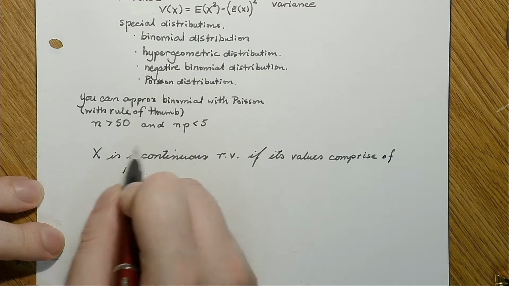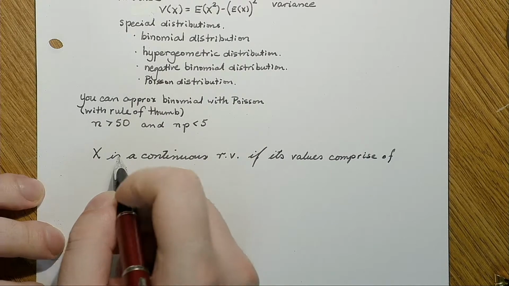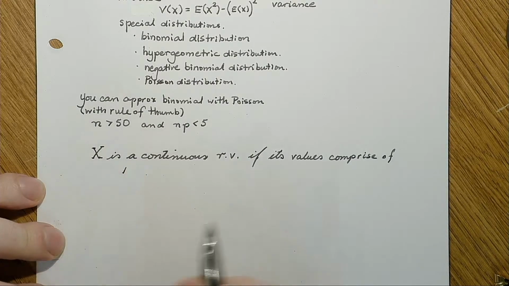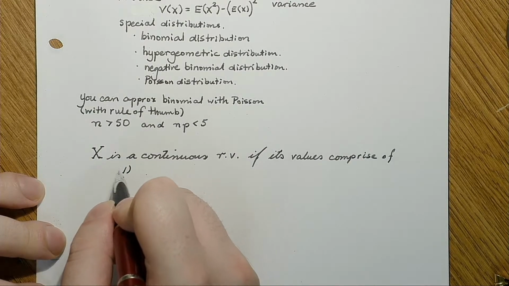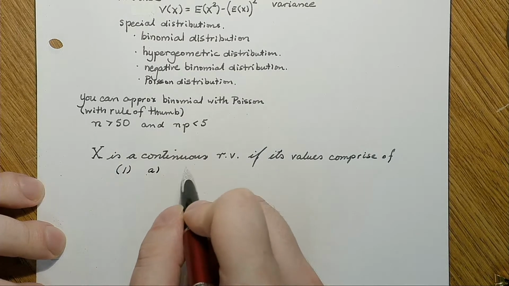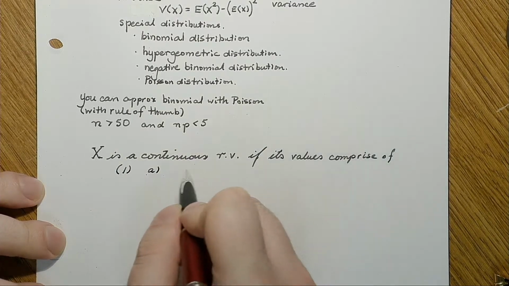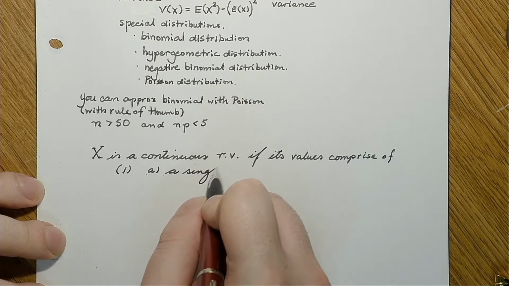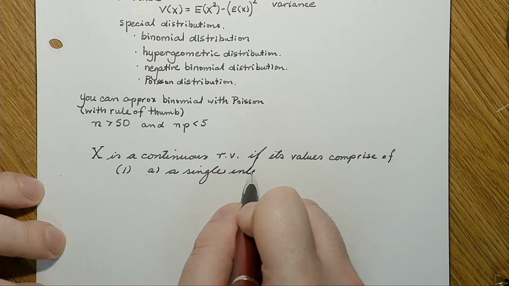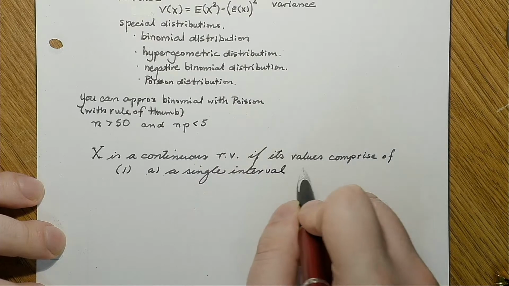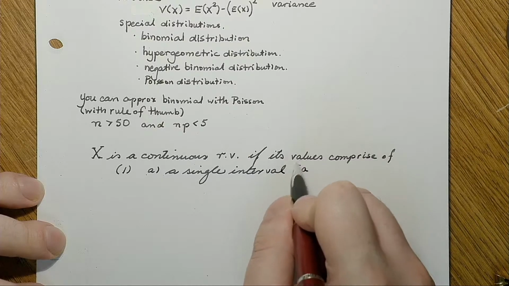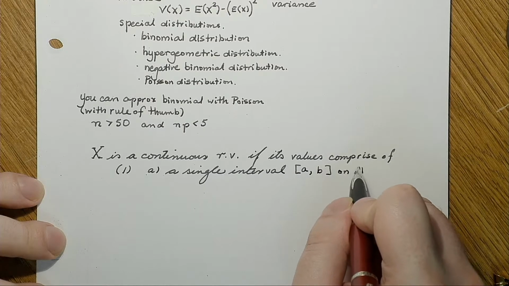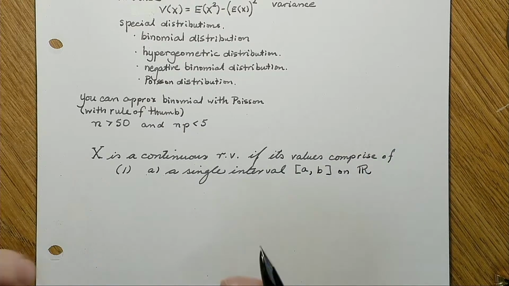Again, we're talking about the values that this can take on, all those possible little x's for that big X. I'll use notation like a closed interval, say [A, B], a subset of the reals.